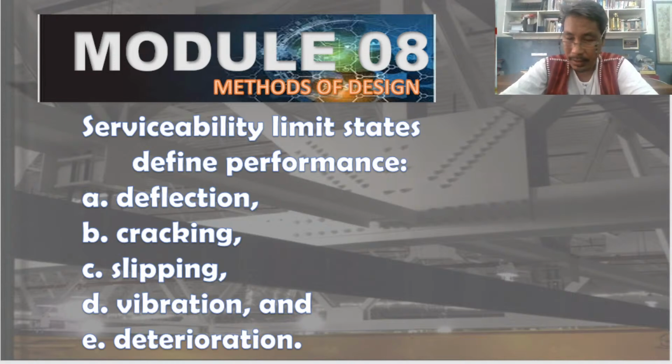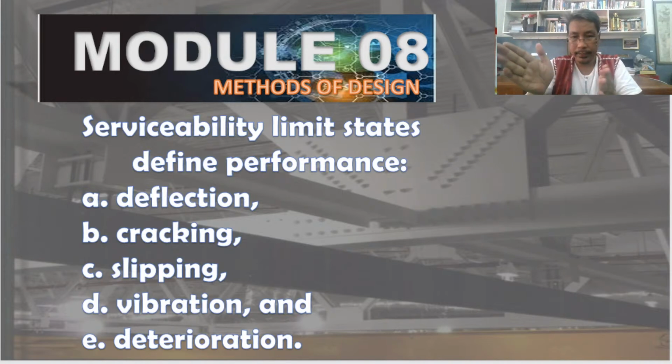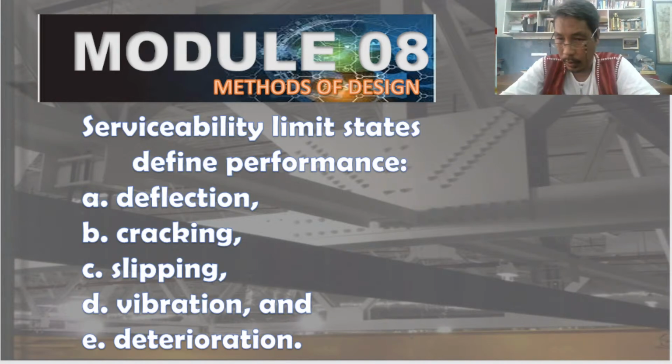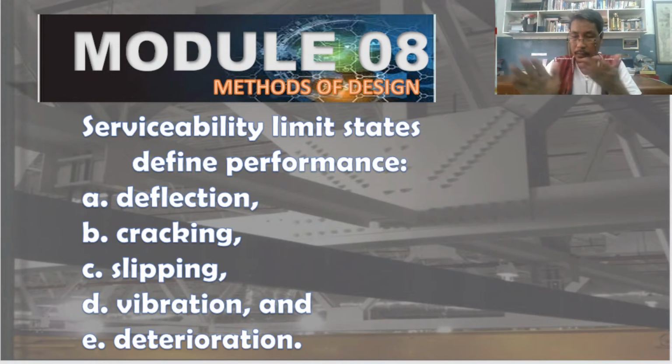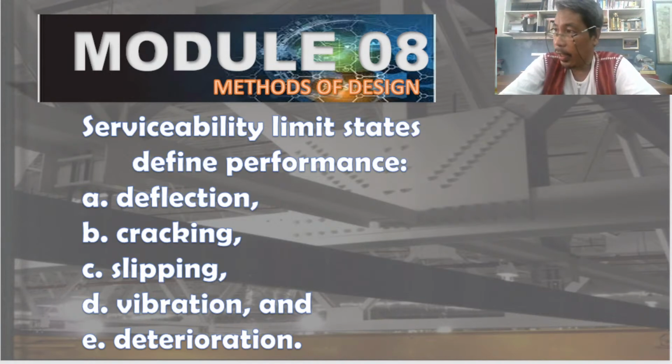Slipping: one type of slipping is, for example, our reinforcement slipping with the concrete.